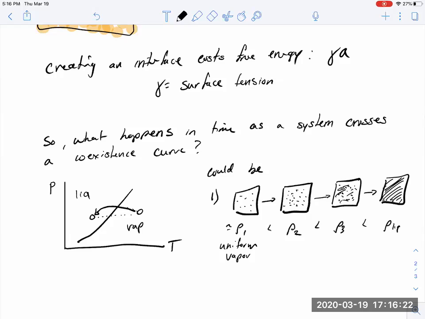Let's say that rho 1 was the density of the vapor we started with. That's one way in which the system could transition from the vapor to the liquid, doing so uniformly throughout the system, gradually changing in its density to densities intermediate between the vapor density and the liquid density.